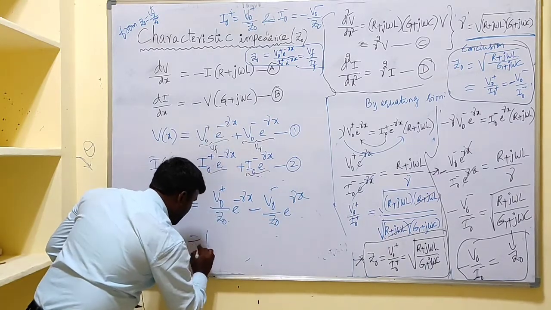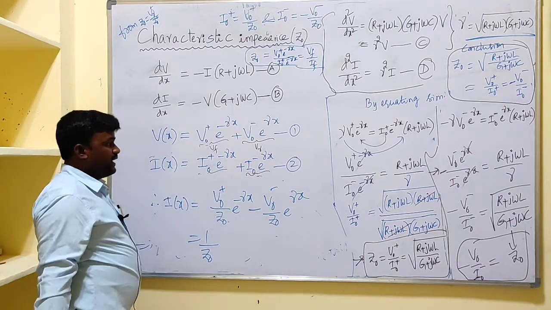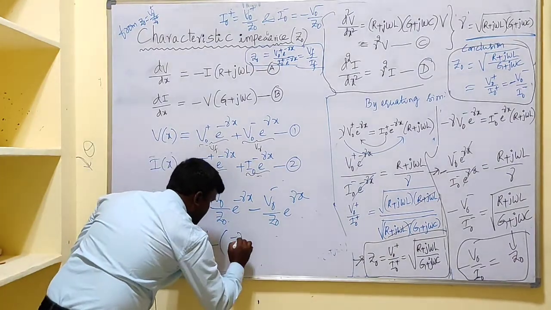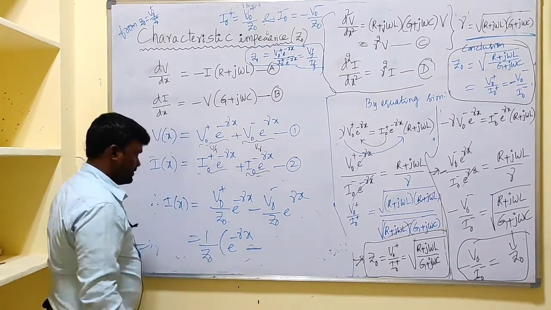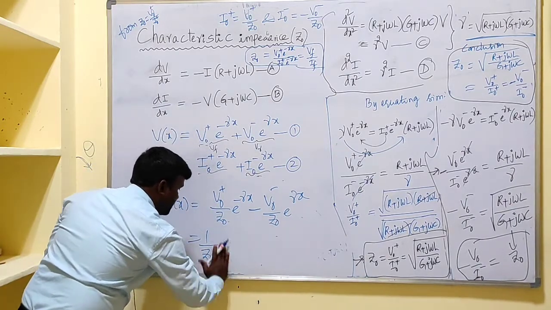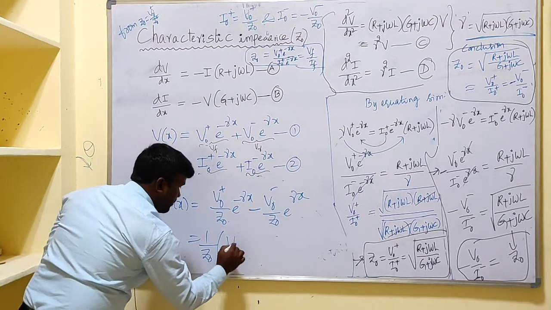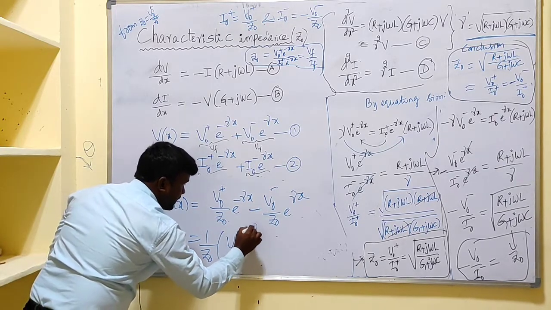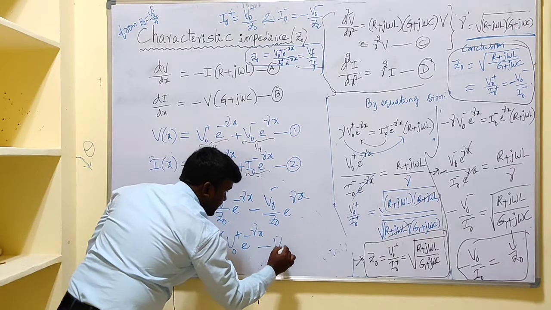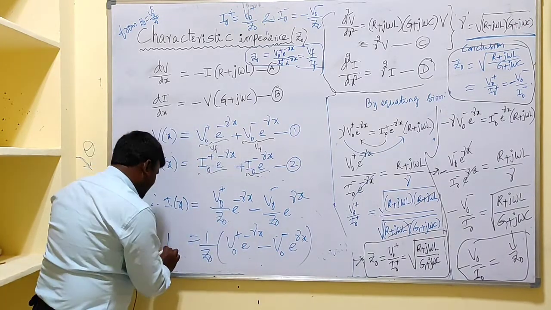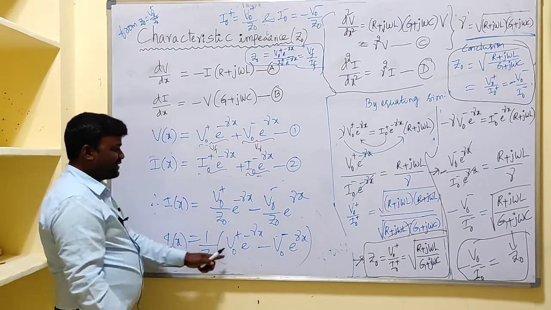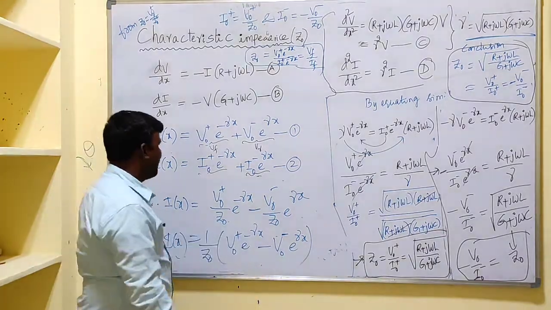So this can be written as 1 by Z naught into V naught plus e to the power minus gamma x minus V naught minus e to the power gamma x. Now this I of x is also written in terms of the constants V naught plus and V naught minus.